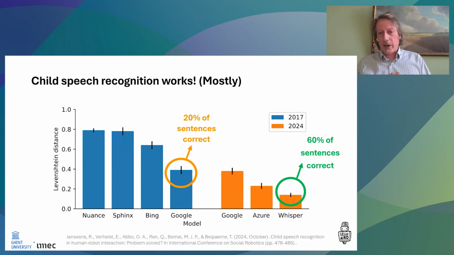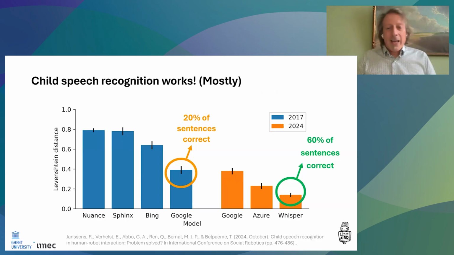They didn't improve at all in 7 years' time. Google didn't invest in speech recognition. But look at Whisper. Whisper by OpenAI, the best one out there, totally unbeaten still by now, and it recognizes about 60% of sentences. So it's not perfect. It's really not perfect by far, but 60% we can work with that. I'll explain later how.